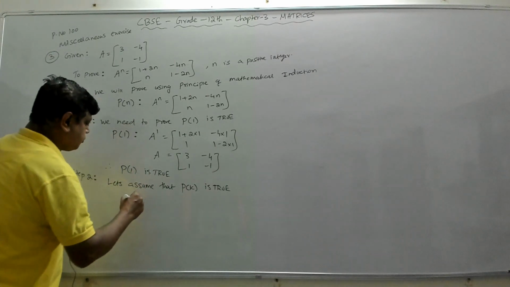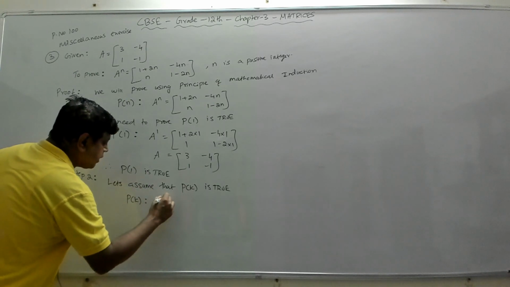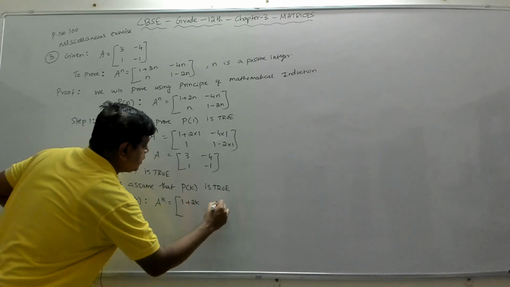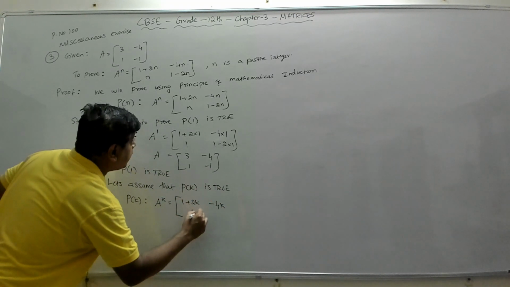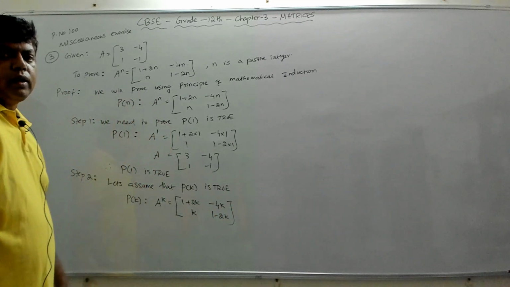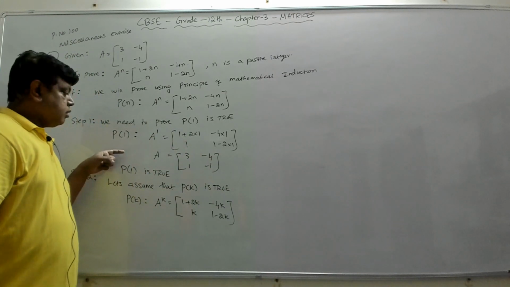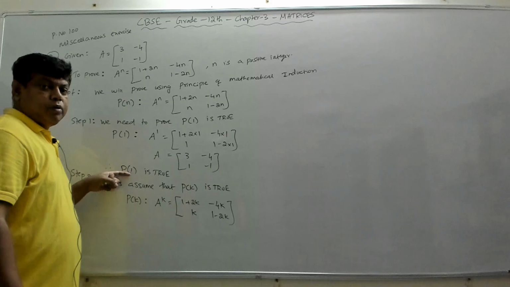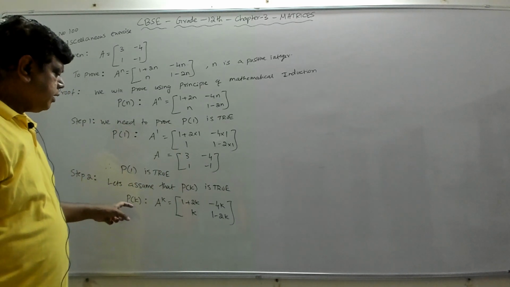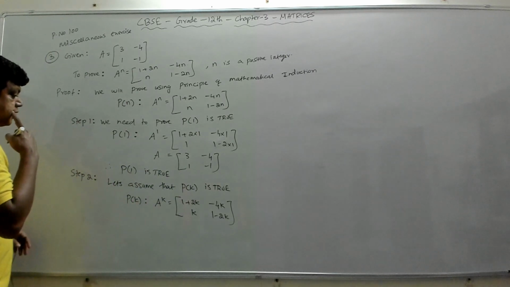So my P of k statement will become A power k equal to [1 + 2k, -4k; k, 1 - 2k]. But this is true, we are assuming. That is the second step. So first step is we have to prove it is true for n equal to 1, which means P of 1 is true. Second step is we have to assume that it is true for n equal to k, which means P of k is true.